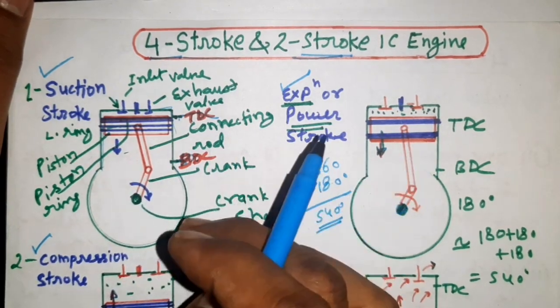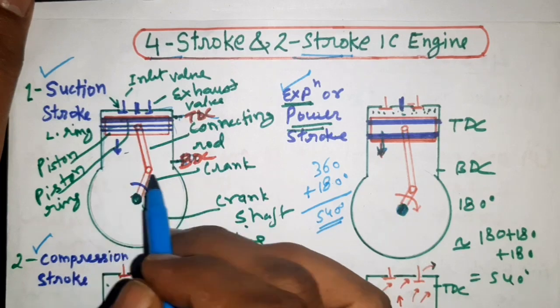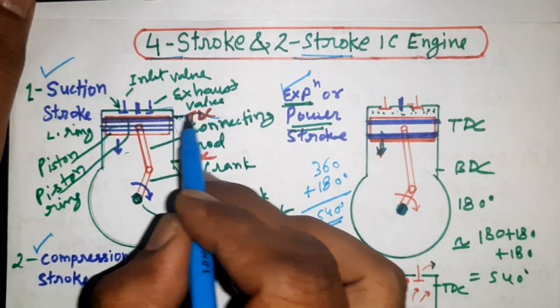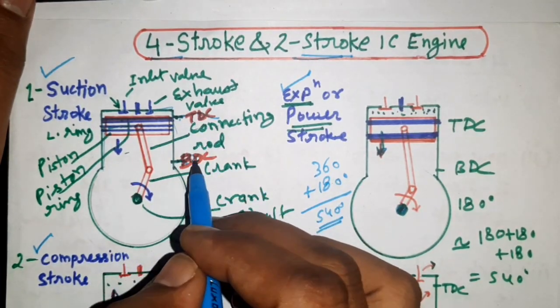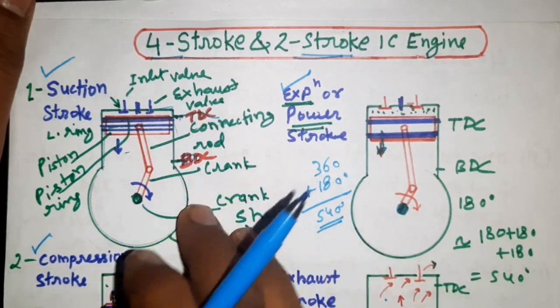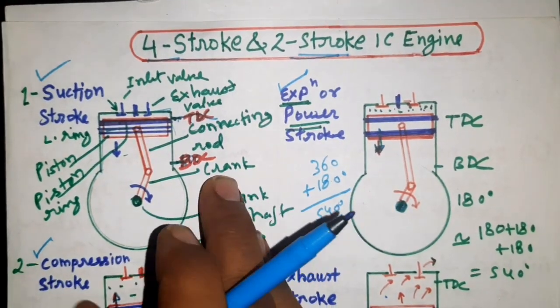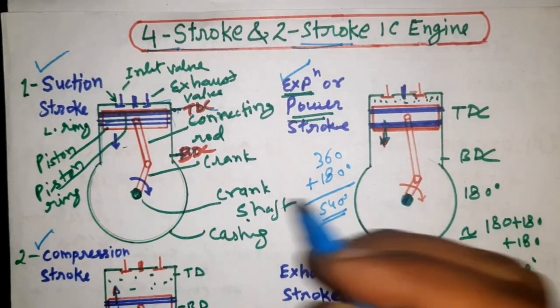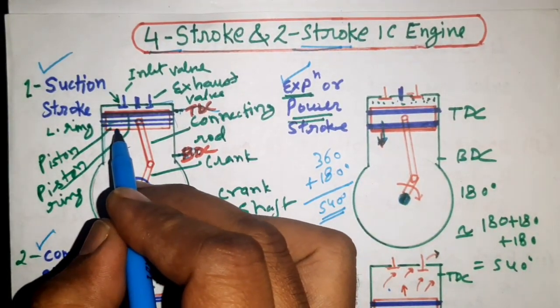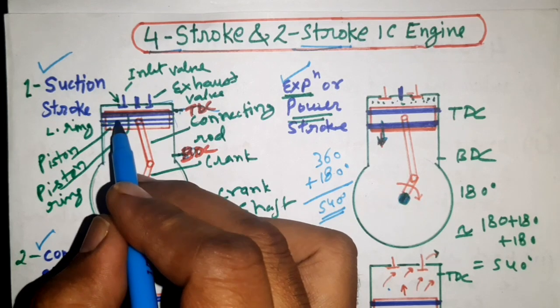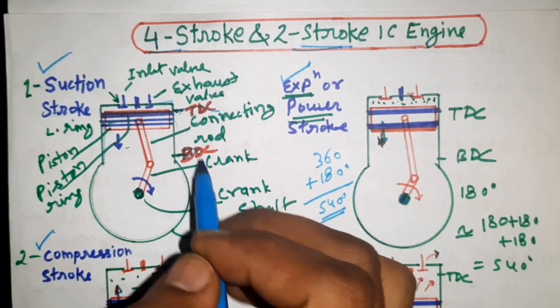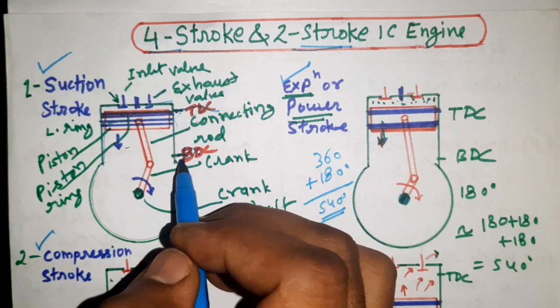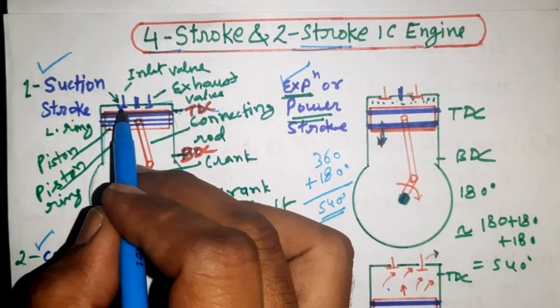So these are the parts of this engine, and this is the top dead center and this is the bottom dead center. In the first case you can see this is the suction stroke. Here the piston is moving vertically downward from TDC to BDC, and the inlet valve is open.